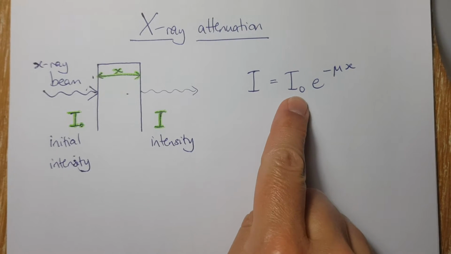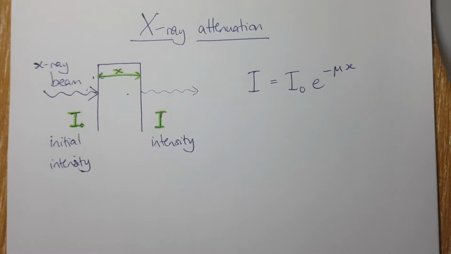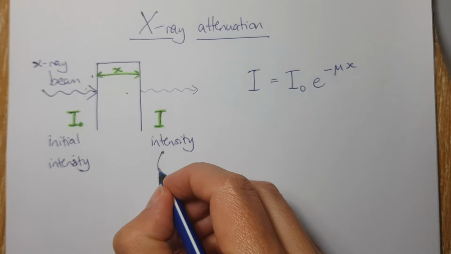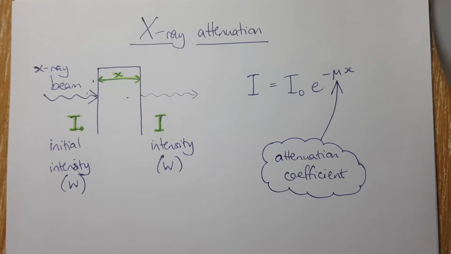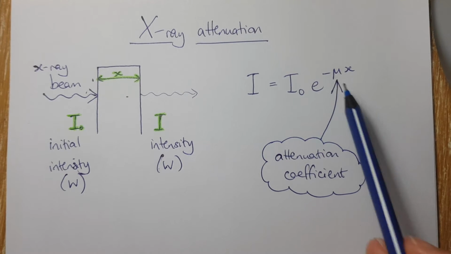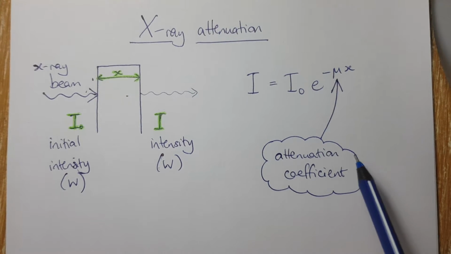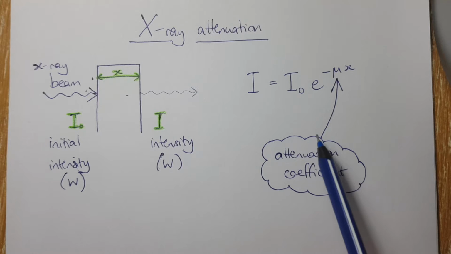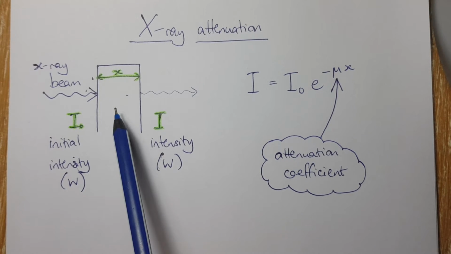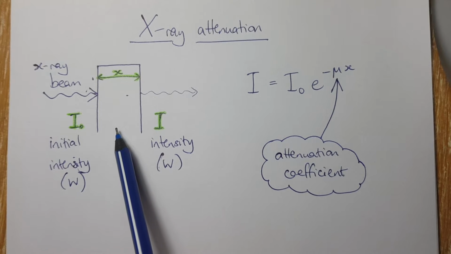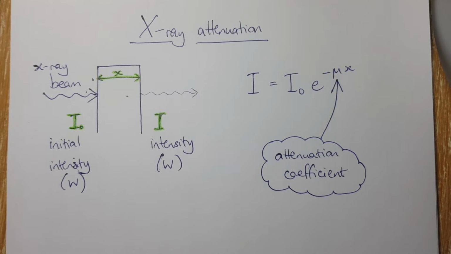The intensity and the initial intensity we've already seen there, and those are measured in watts. And then the mu there is a constant, and it's called the attenuation coefficient for the material, and it depends on the material and actually also on the energy of the X-rays.